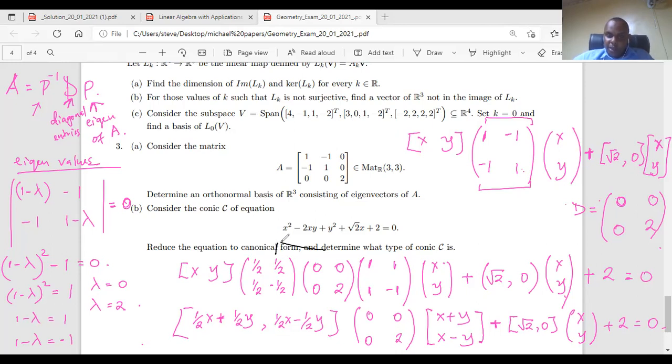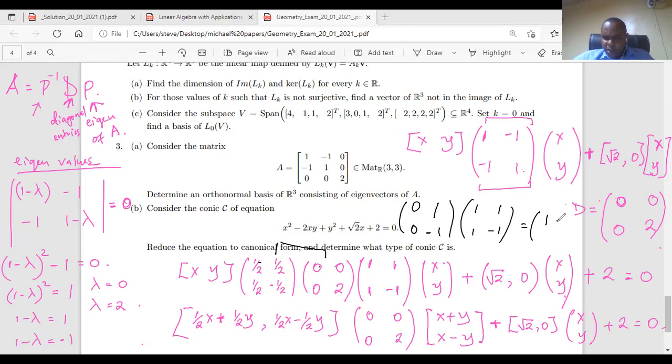So if we multiply this, we get 0, 0, right? Yes. And then 0, 1, and 1. Yes. 0, 0, 0, 0 minus 1, minus 1. And then 1, 1, 1 minus 1.